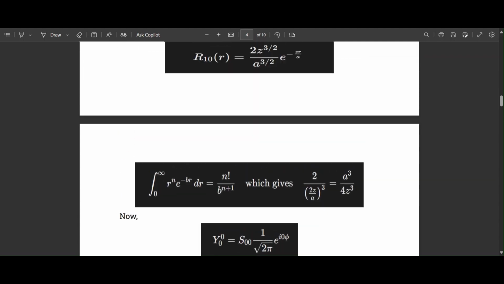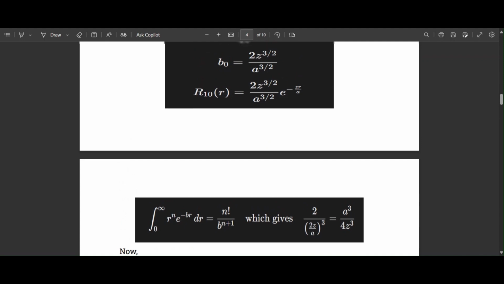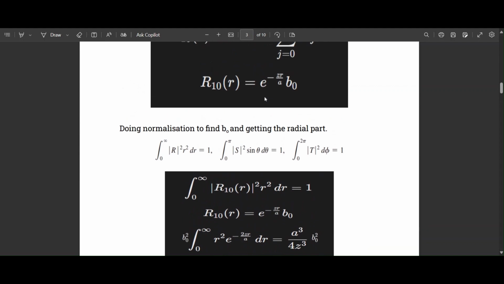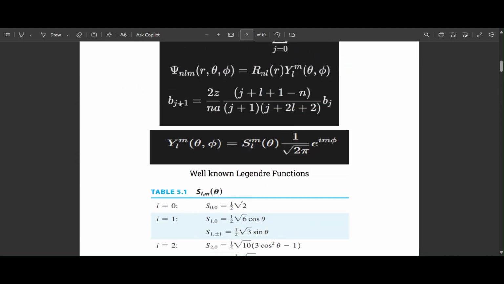Now you know that in the calculation of 1s, what we did is we calculated b0, right? Now by keeping in mind the value of b0, you can calculate anything from this formula, b_{j+1}.